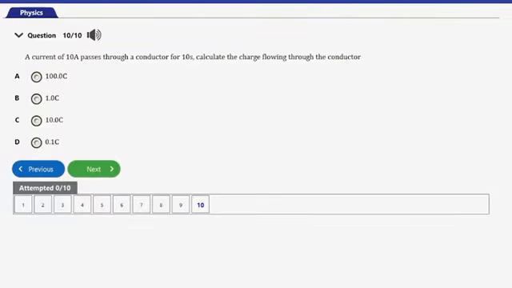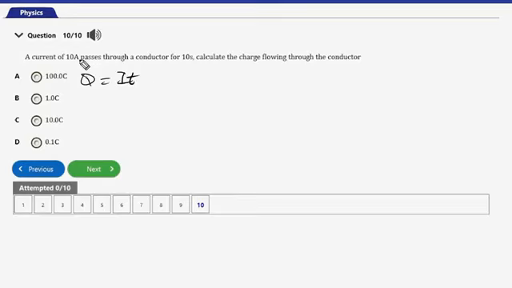So that's question number 10 here. It says a current of 10 ampere passes through a conductor for 10 seconds. Calculate the charge flowing through the conductor. So guys, this is actually a very simple question, because the charge Q here is going to be IT.